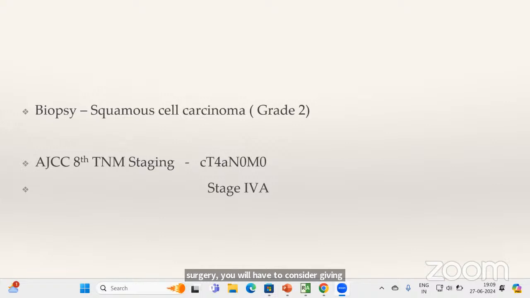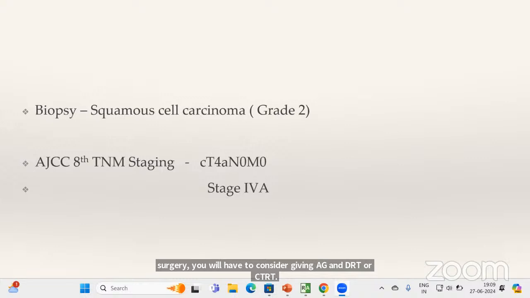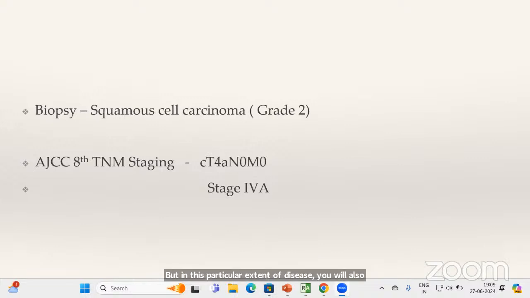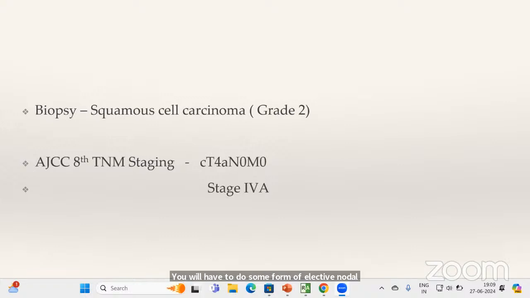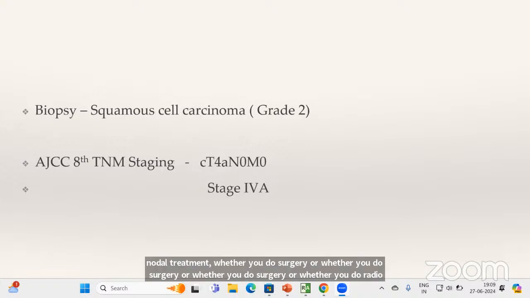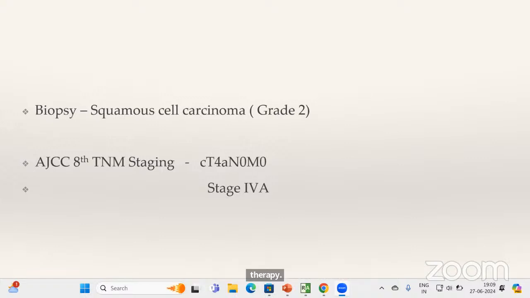But in this particular extent of disease, you will also have to remember that this is a high-risk patient. You will have to do some form of elective nodal treatment, whether you do surgery or whether you do radiotherapy. So all this will have to be considered in the perspective of the fact that this is a 76-year-old man with comorbidities. All this has to be considered together when you're deciding on treatment in this patient.